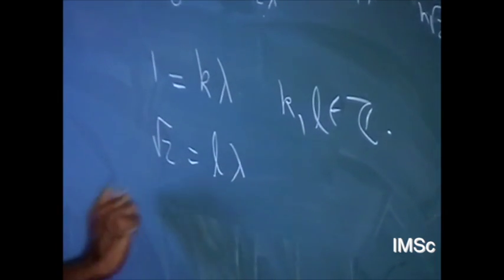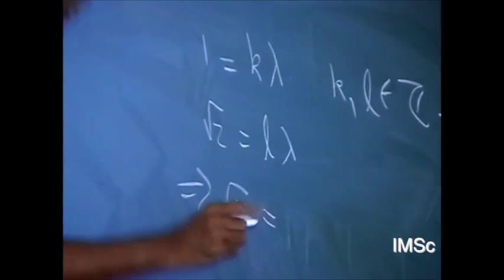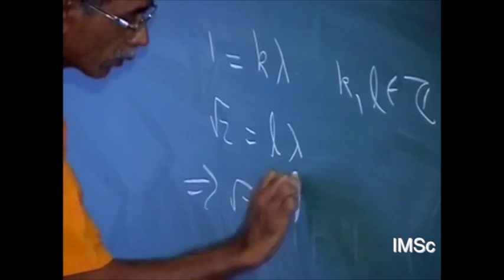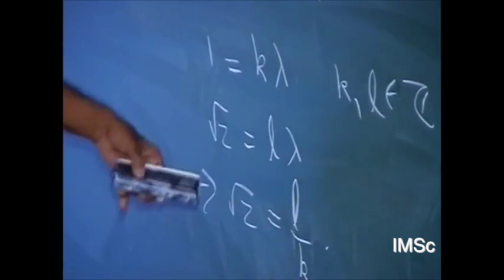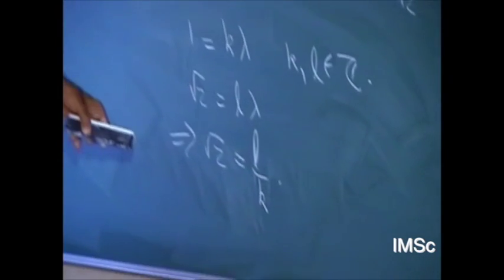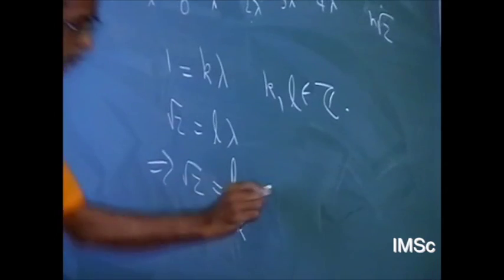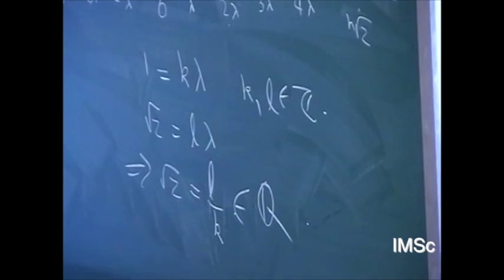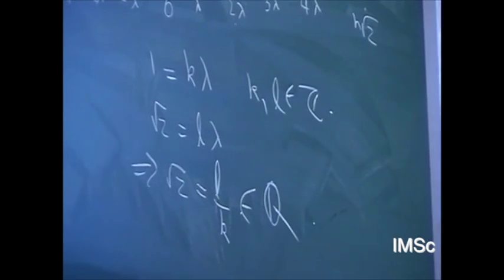Then divide one by the other. Lambda gets cancelled, so root 2 equals L over K, a rational number. That's not possible, because root 2 is irrational.